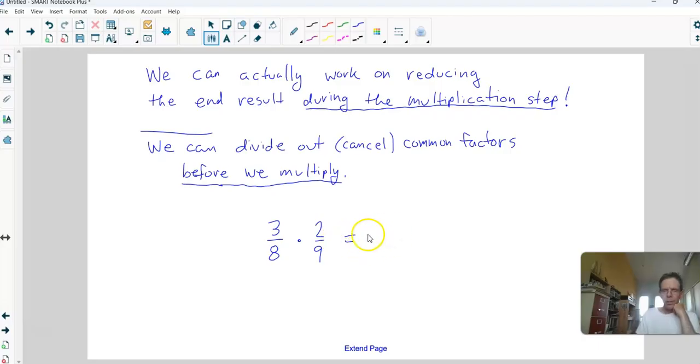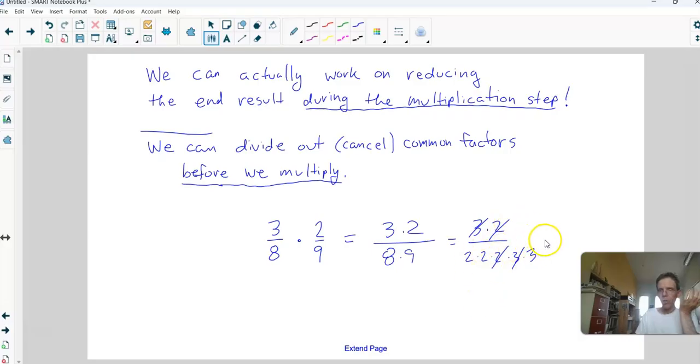What allows us to do this is, you can imagine if we wrote this out using the rule, we could then prime factor the numbers. 8 is 2 times 2 times 2, and 9 is 3 times 3. We see that we've got 3's that are canceling and 2's that are canceling, and that leaves the 1/12 again. But again, this is a little more complicated than what I want to show you can do.